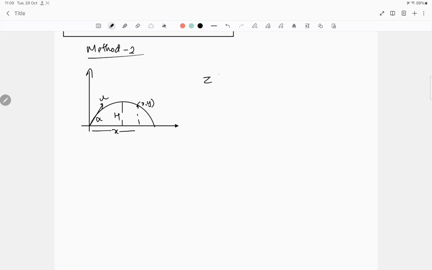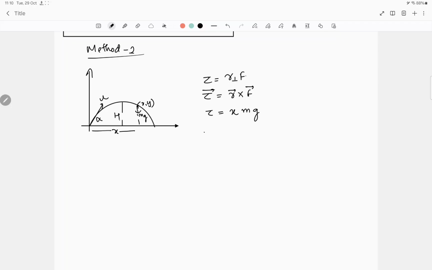We know that torque is the perpendicular distance from the point about which we are finding the torque, into force. This is just a magnitude. If you write it in vector form, we have r cross f. So tau is equal to the perpendicular distance, which is clearly x, and f is here mg.